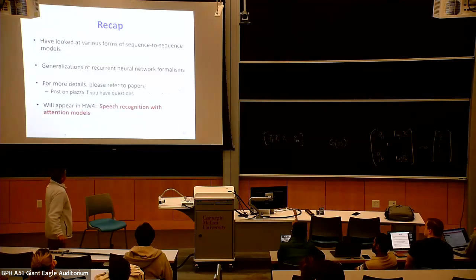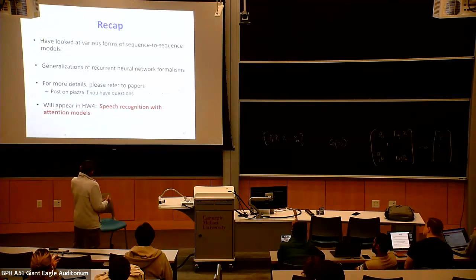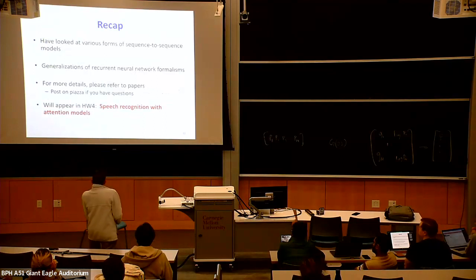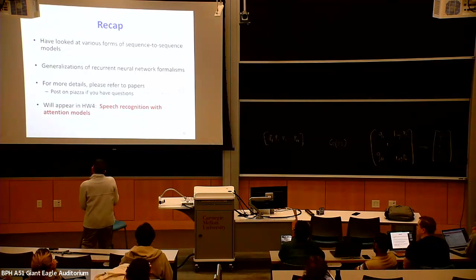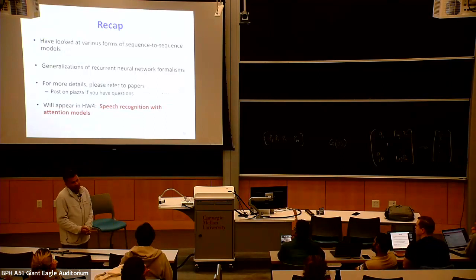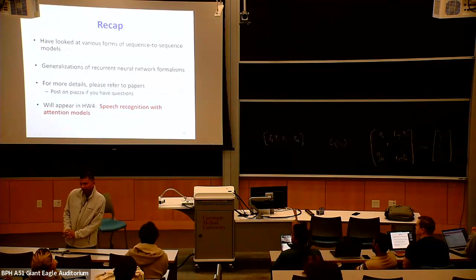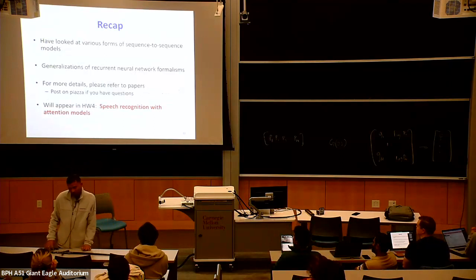Anyway, we've looked at various forms of sequence-to-sequence models, which are generalizations of recurrent formalisms. There are lots more details, there's so much work on this that I can't even begin to go there, right? You can post questions on Piazza, and homework 4, and those of you who are doing homework 5 are going to encounter this quite a bit, right?